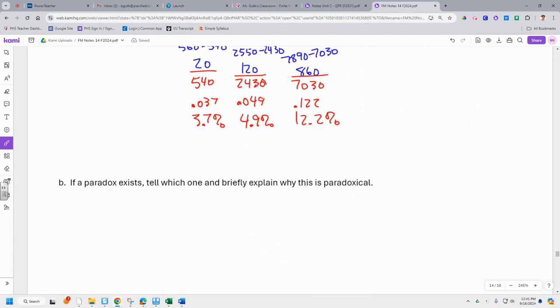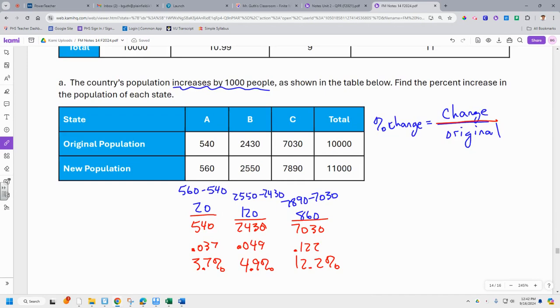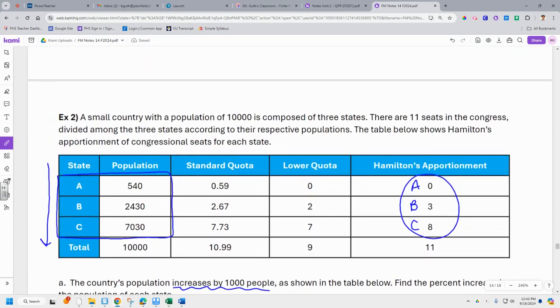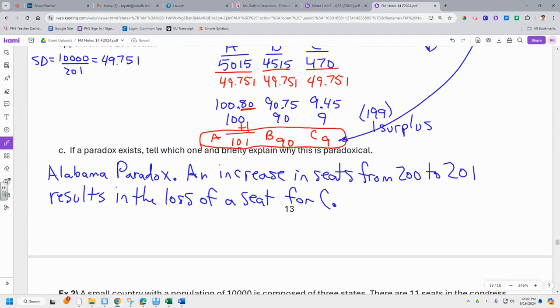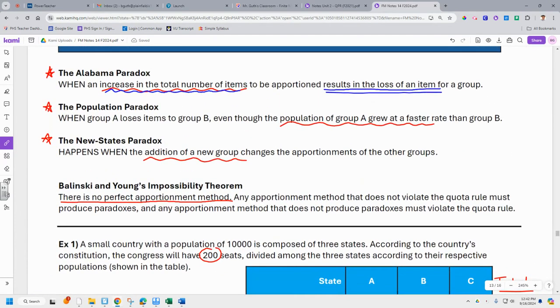Part B says, if a paradox exists, tell which one and briefly explain why this is paradoxical. So we're talking about the population increases and the percent change. So let's look back at the definitions again. Population paradox says when group A loses items to group B, even though the population of group A grew at a faster rate.